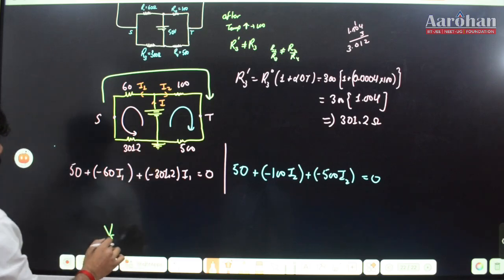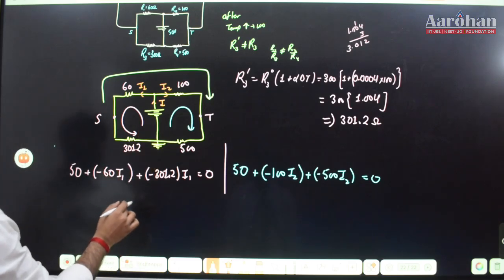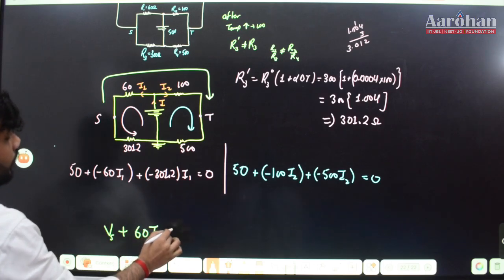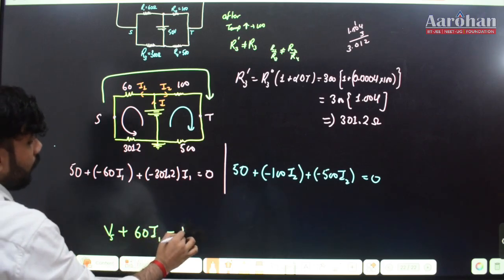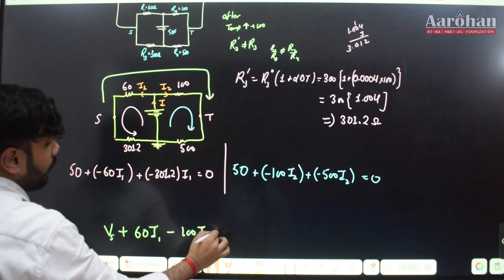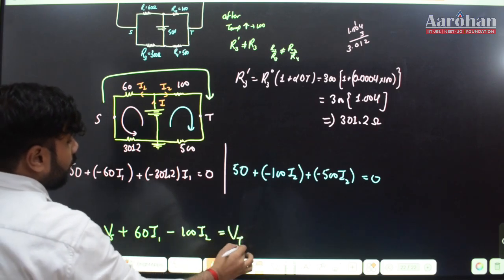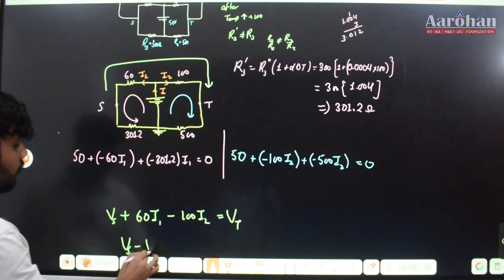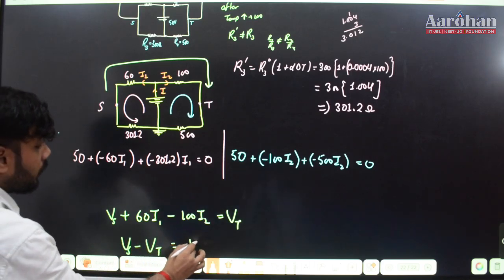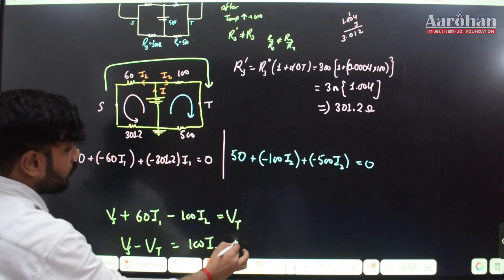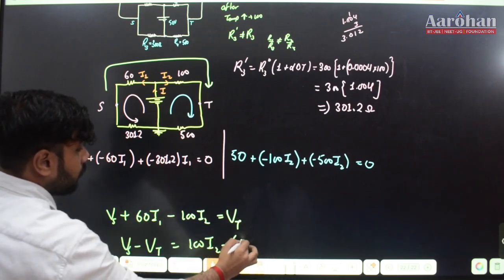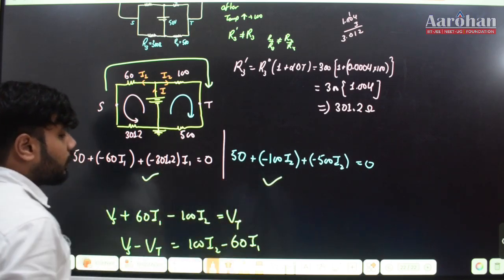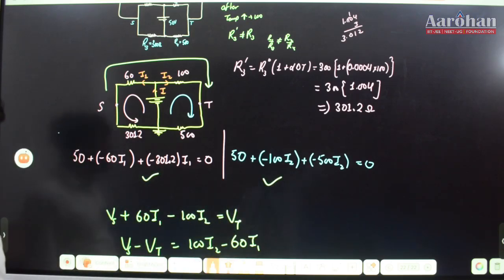The direction of current in this path is opposite, so plus 60 times I1, and here it is the same, so minus 100 times I2, equals V at T. You can bring it here, and then you will get Vs minus Vt equals 100 I2 minus 60 I1. Okay, so I1, I2 you will get from here, and you can substitute I1, I2 in the last equation, you will get your answer.